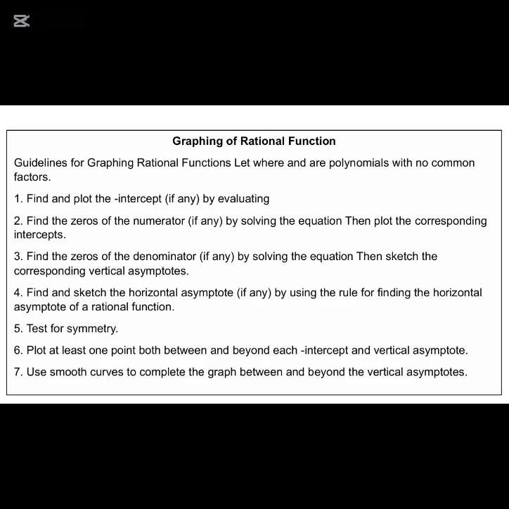Number 5, test for symmetry. Number 6, plot at least one point both between and beyond each intercept and vertical asymptote. And lastly, use smooth curves to complete the graph between and beyond the vertical asymptotes. So there are various examples I want to show you on how to graph a rational function.